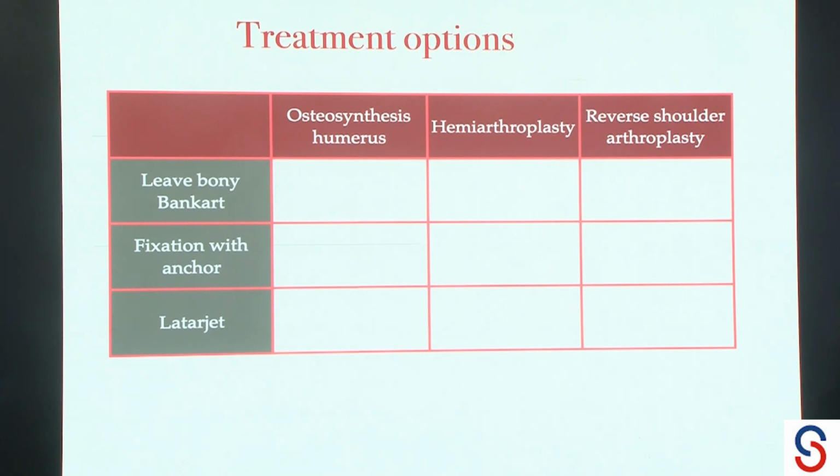If we go for hemiarthroplasty with fixation with anchor, definitely this will suit this patient. But in old patients, we have seen that sometimes fixation with anchor is not that good. So the third option is with Latarjet. In my mind, I have an option of either fixation with anchor or Latarjet with hemiarthroplasty.